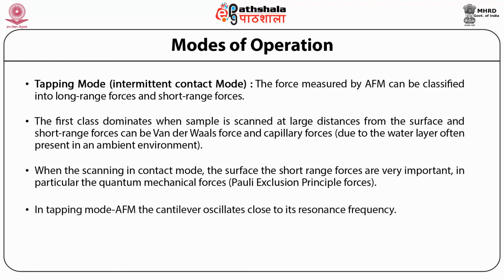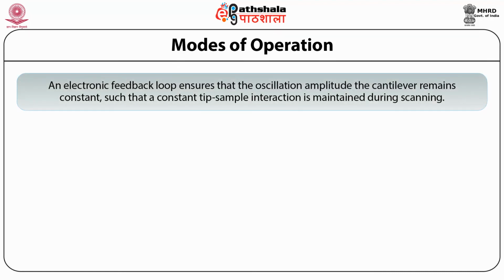In tapping mode, the AFM cantilever oscillates close to its resonance frequency. An electronic feedback loop ensures the oscillation amplitude of the cantilever remains constant, such that a constant tip-sample interaction is maintained during the scanning.